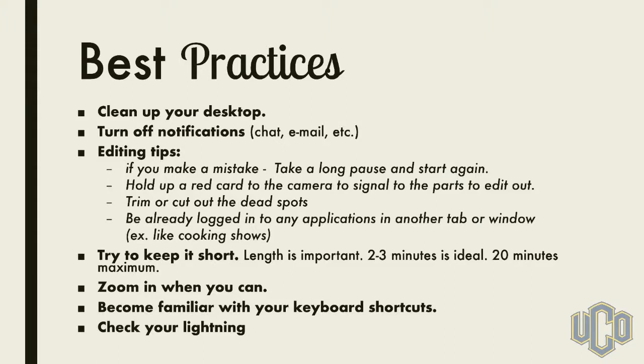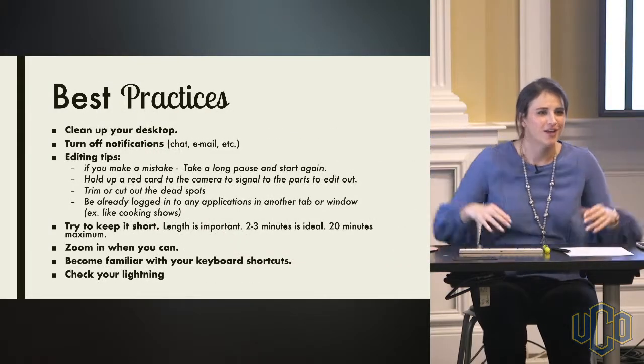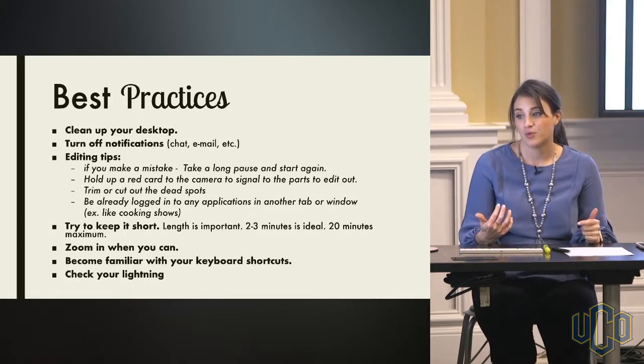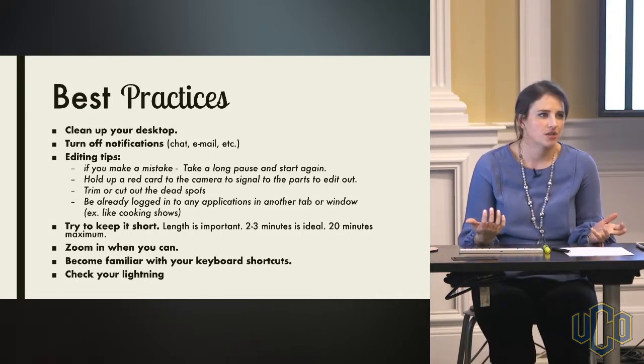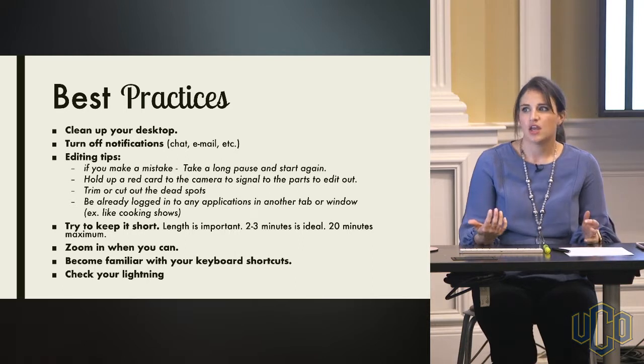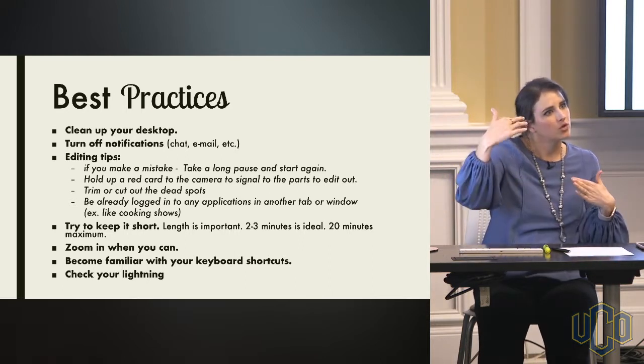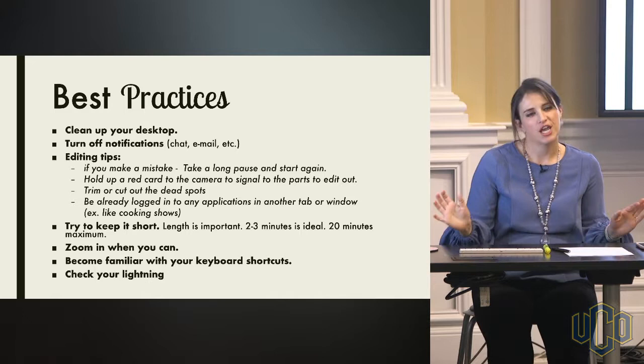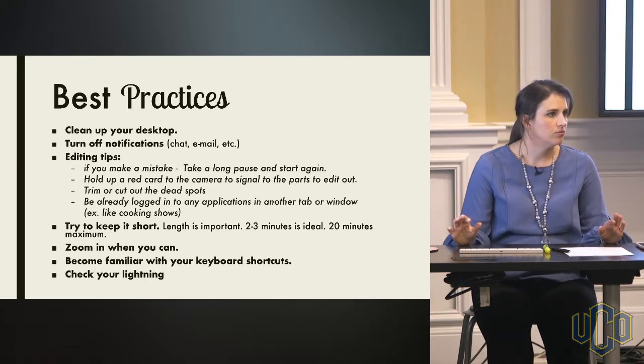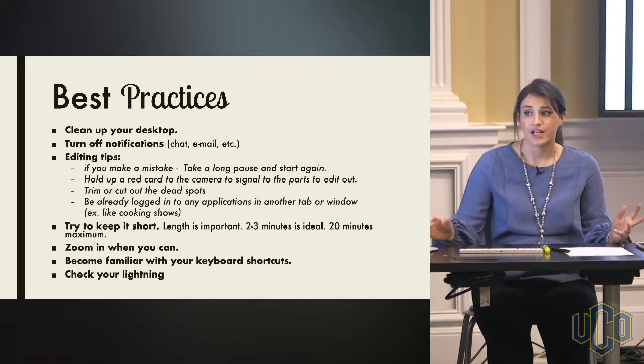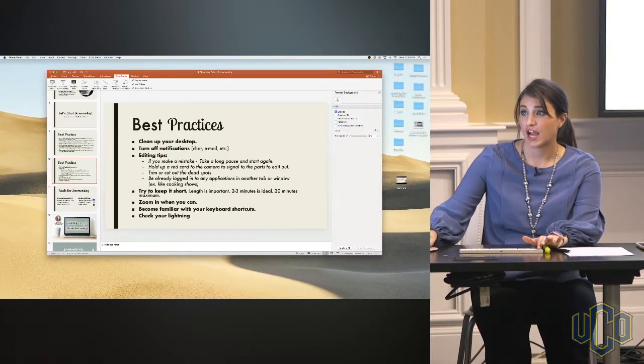Check your lighting. You don't want to film right in front of a window because then it's all just going to be shadow. One tip that I would recommend, if you have a naturally dark space or dark office, and you're doing a webcam recording, you could change your desktop background to a lighter desktop. I have this one for that reason.